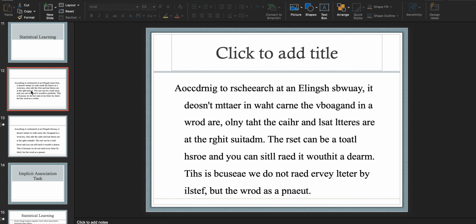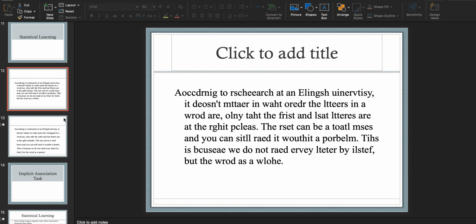And when we go back to this first passage, the reason why it's easier to read than the second passage is because there is a pattern, right? There's an expectation. We know based on the first and last letters the likelihood of what the word will be, but we also know the likelihood of certain words being connected to or flowing from other words.